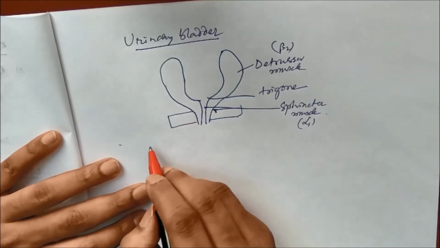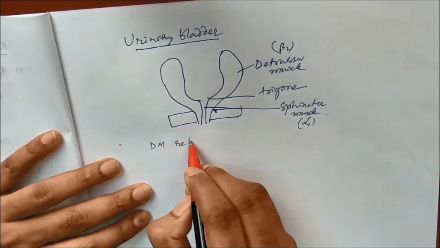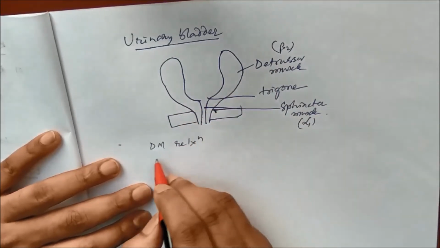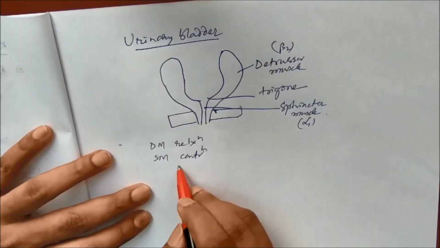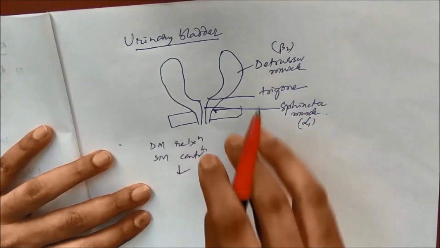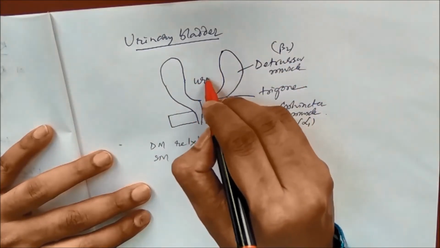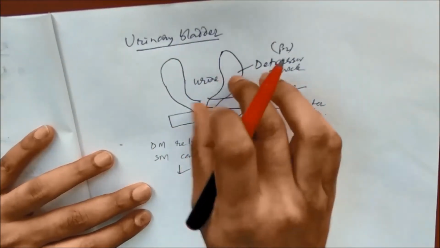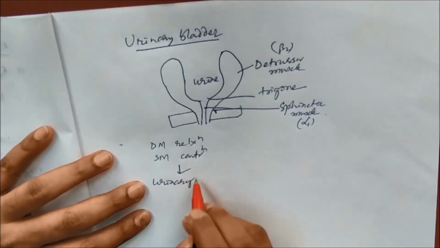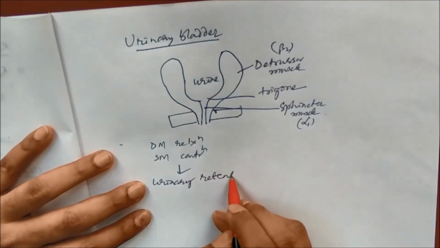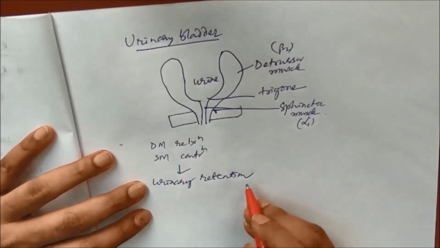So there will be detrusor muscle relaxation and sphincter muscle contraction in case of sympathetic, and that will cause the urine to be retained in the urinary bladder. So urinary retention is the sympathetic action.